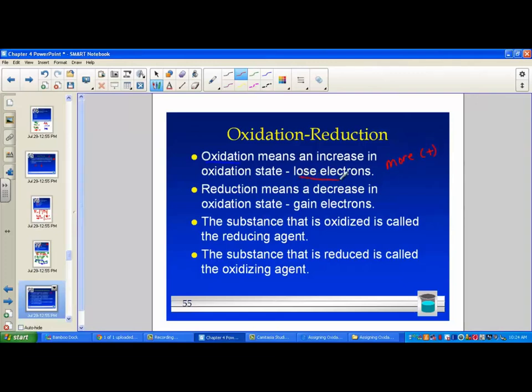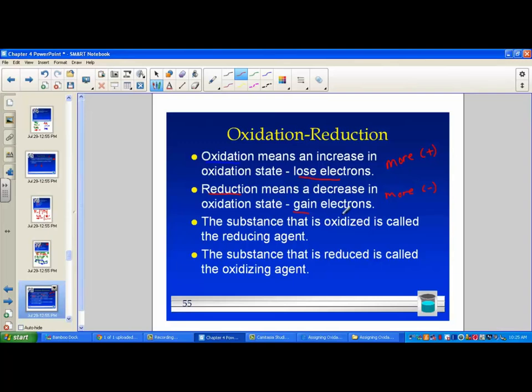You do that by losing those negative electrons. Take away a negative particle and the resulting species is more positive. The term reduction means to reduce your oxidation number. You become more negative, and you do that by gaining those negative electrons.